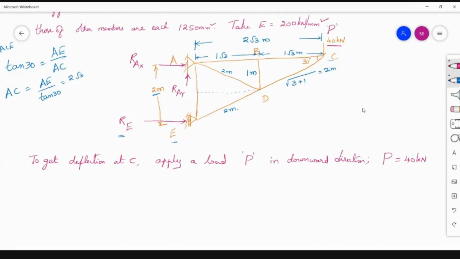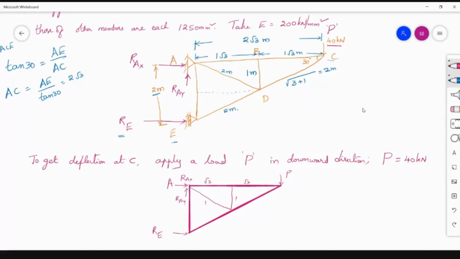Now, considering this, just once again draw the frame. Here, this is capital P. This is A. Here, reactions are acting, which is RAX and the vertical force RAY. This is RE acting. This distance is root 3, this distance is root 3.